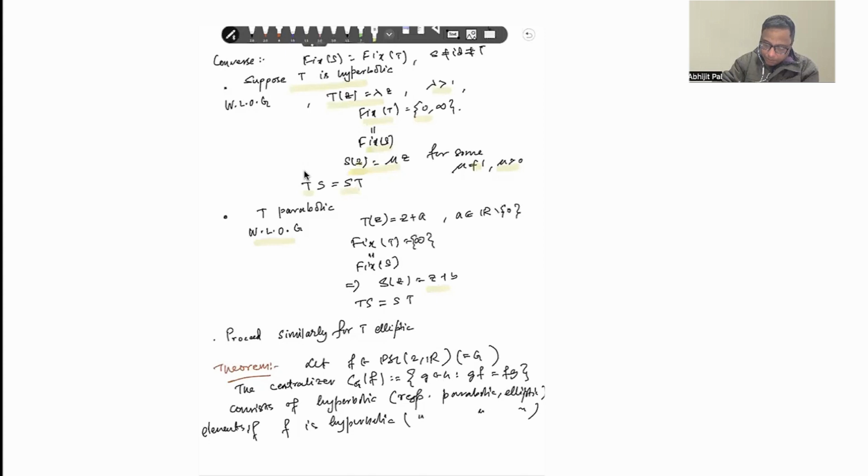If I compute this composition, t compose s will be z goes to z plus b plus a, and s compose t will be z goes to z plus a plus b, and a plus b is equal to b plus a. So t compose s will be equal to s compose t.